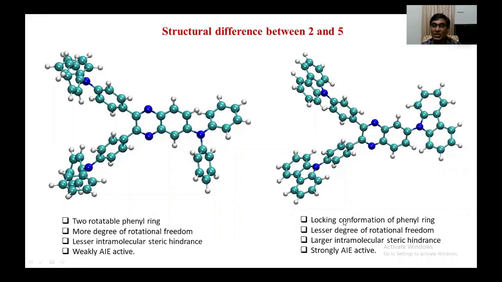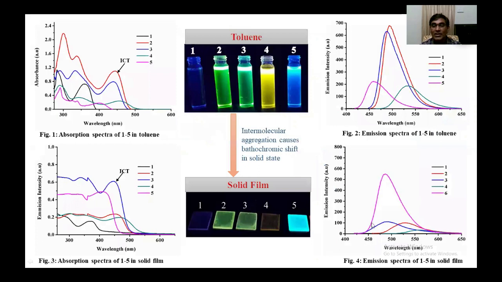That's why there is a lesser degree of rotational freedom and a large intramolecular steric hindrance, and thus this molecule is strongly emissive in its solid state, as you can see here in its solid film. This molecule having the carbazole donor group emits strongly, but in solution state it has weak emission.